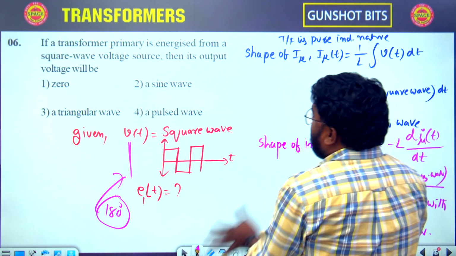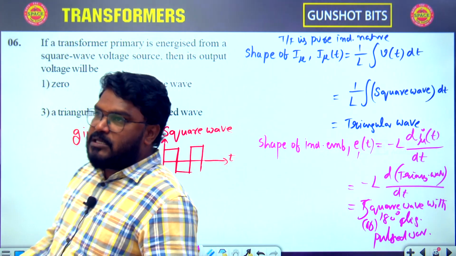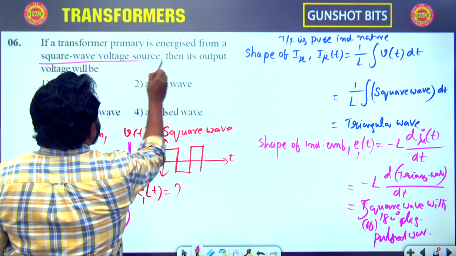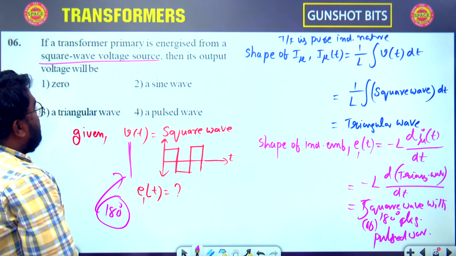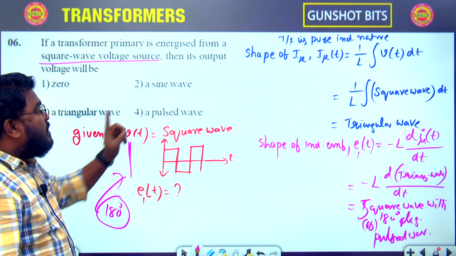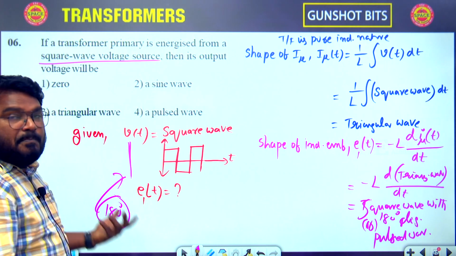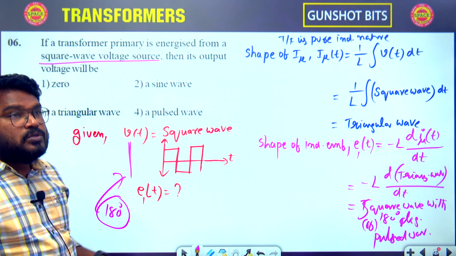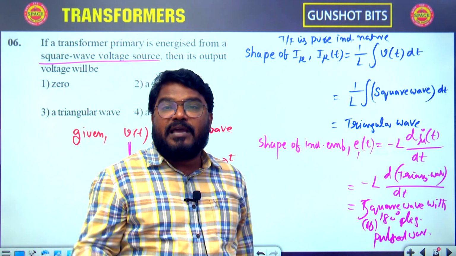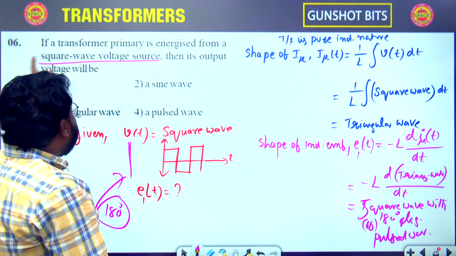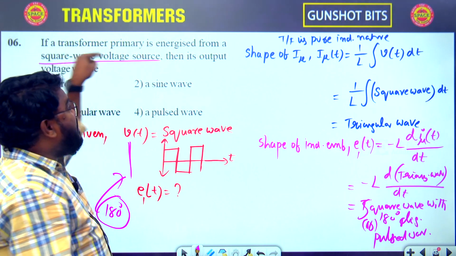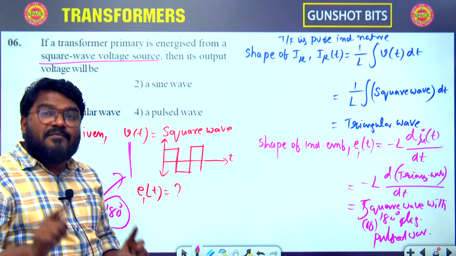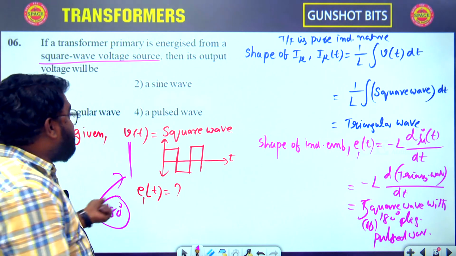Now, what are the variations of this question? Sometimes it is given that it is excited with a square wave voltage source, and the shape of the induced EMF is a square wave only, also called a pulsed wave. If it is excited with a square wave current source, the shape of the induced EMF is a pulsed wave. If it is excited with a triangular wave voltage source, we get a triangular induced EMF with 180 degree phase displacement.